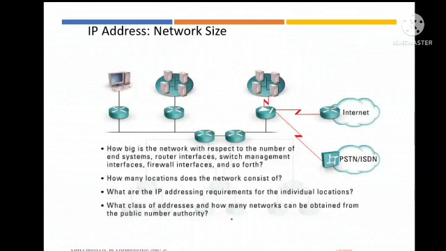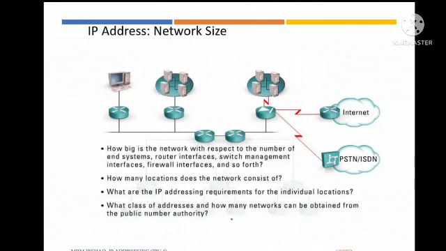So you have to plan for everything. How can we assign IP addresses for all these computers? Are we going to assign private IPs or public IPs? I will discuss those two later, so don't worry about what they are. That is what we call network size analysis.